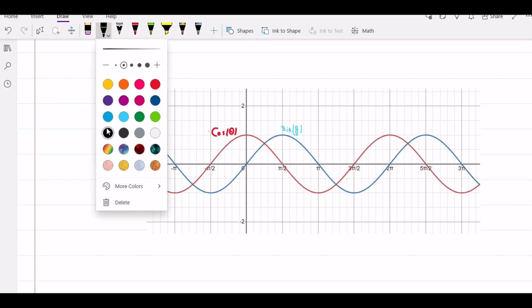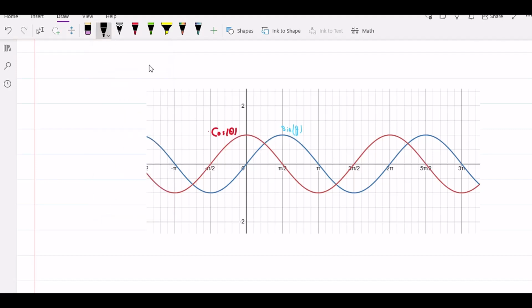In other words, if you look more deeply into this, you can understand that if you shift sine of theta backwards by pi over 2, you get the cosine of theta. As an example, if you move this point backward by pi over 2, we get to this point. It means that if we shift this graph by pi over 2 to the left, we get the cosine of theta.